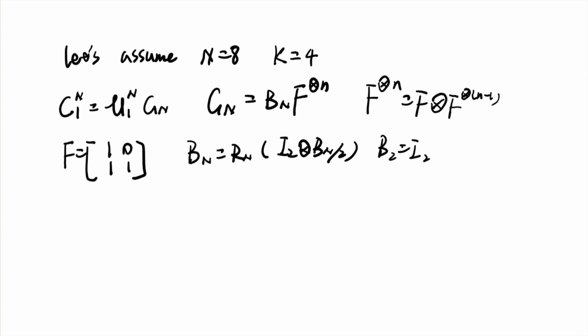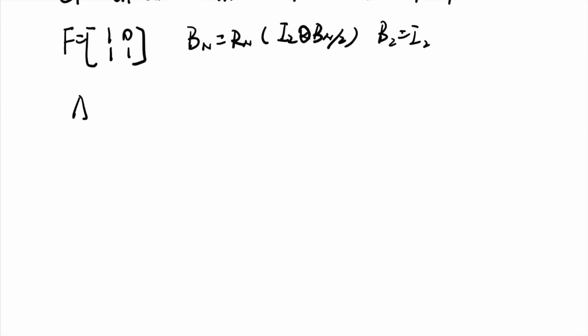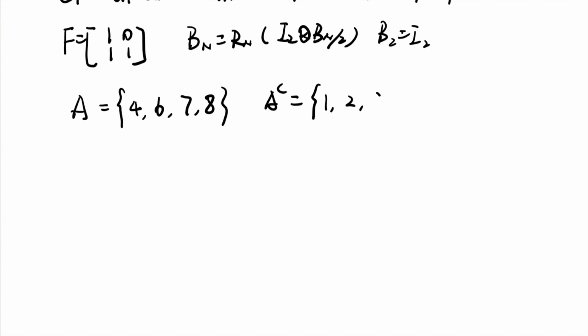Okay, so let's assume the third parameter A is also what we choose, the channels we want to transmit the bits on. The indices in A are 4, 6, 7, 8. So the complement of A is 1, 2, 3, 5.